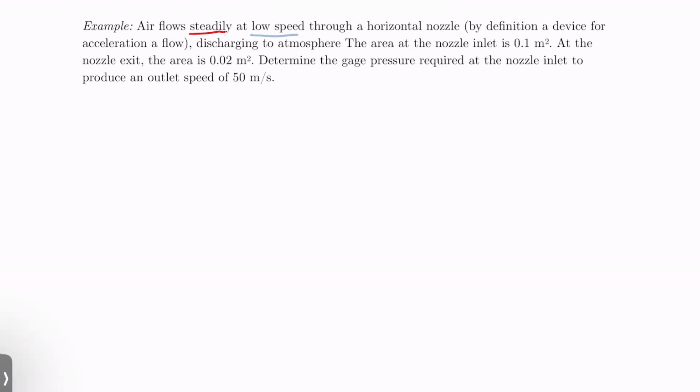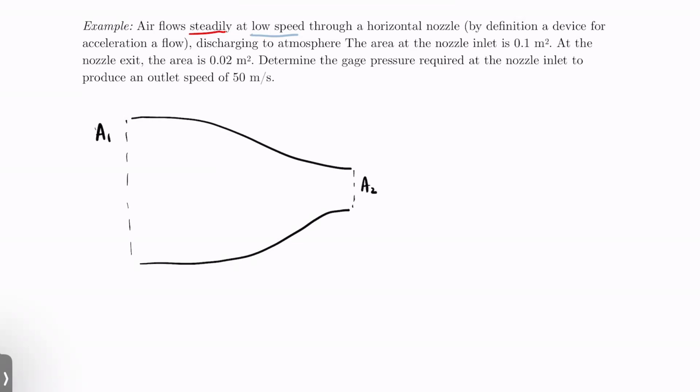All right, so I'm going to draw a picture. So we have a nozzle. We have area 1 over here is known, and then area 2 over here is known, inlet and an outlet. I'm going to just draw in some streamlines for us.